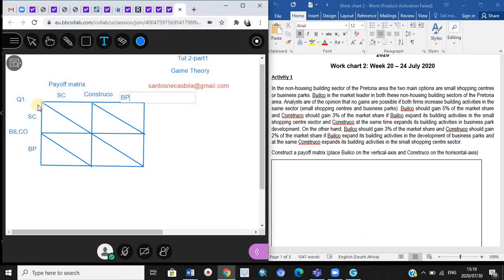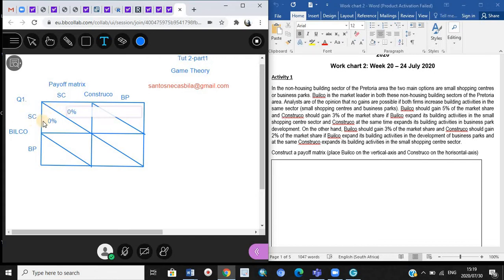If Bilko increases its activity in the small centers, the shopping centers, and at the same time Constructor does too, both of them are going to have no gain. So this is 0, and this is also 0.